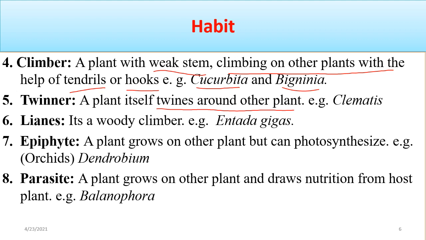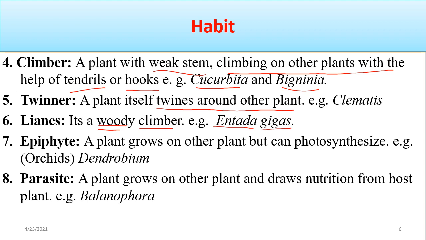It is climbing, but the stem is woody in nature, its height is so big and the thickness of the stem is relatively small, so it is taking support of other plants, but there are no tendrils or hooks or any such structure, but this woody stem itself is coiling around the available support and it is continuously growing, and example is Entada gigas.